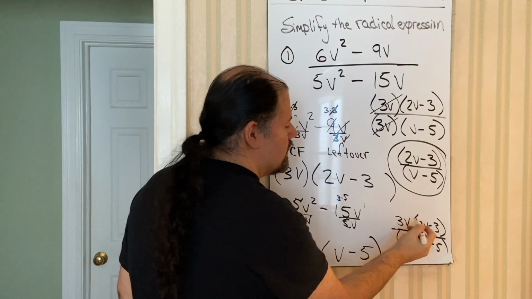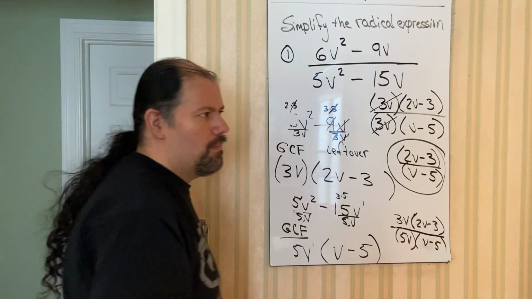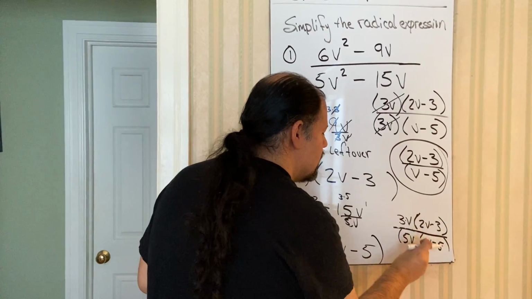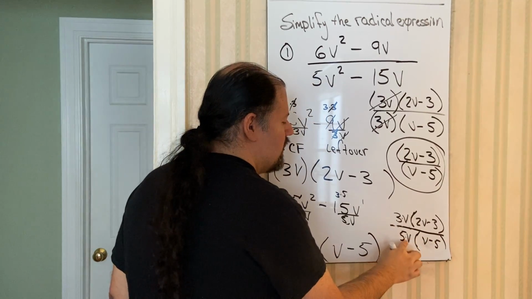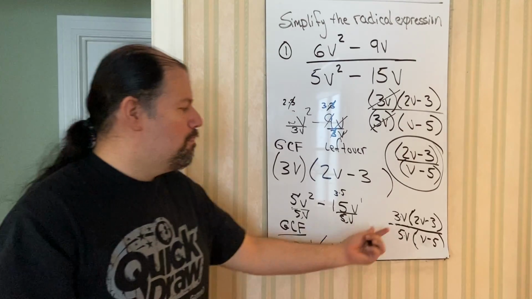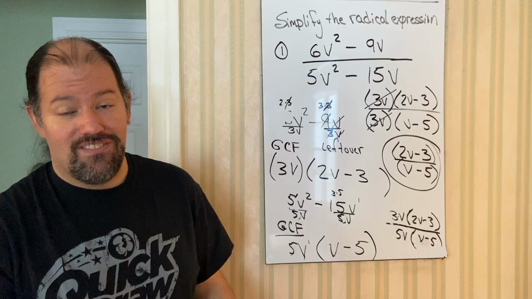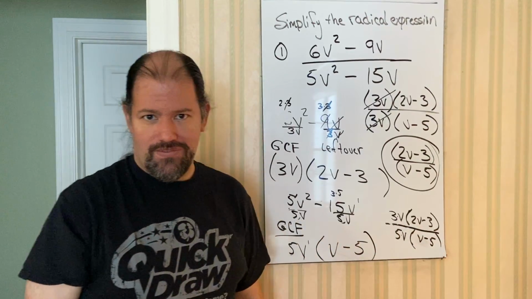So this is actually saying 3 times v times this whole guy. We could do the same thing here. This is really 5 times v times this whole set of parentheses. Monomials, we're allowed to break them out and don't need to have parentheses. Binomials, you must have parentheses.